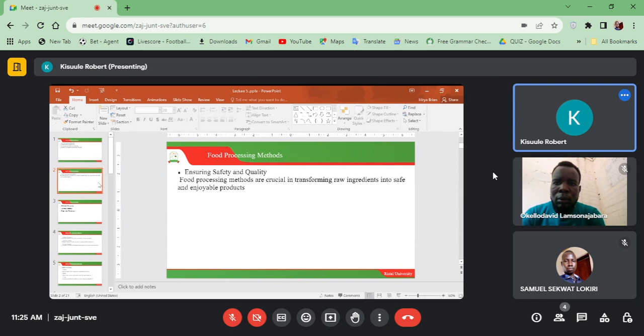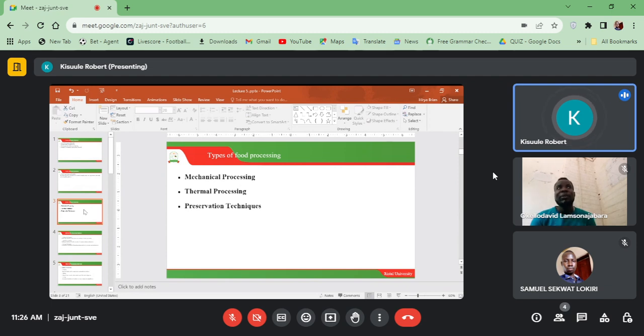All right. So we'll also be looking at the types of food processing here. We'll be looking at mechanical processing, thermal processing and also the preservation techniques. Preservation techniques will come in here in the types of processing because sometimes the preservation technique could also give the food or the product something extra, and that we will term as processing in its own right, because now the food or the product you're working on has changed.